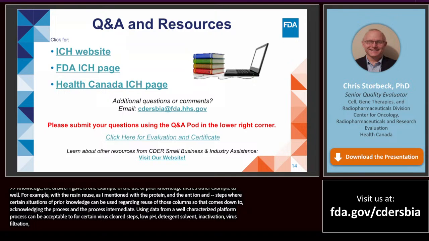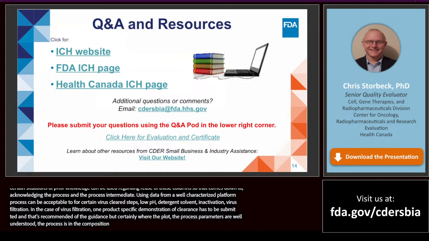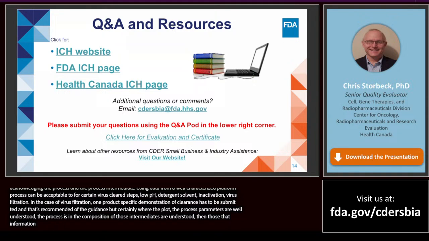In the case of virus filtration, one product-specific demonstration of clearance has to be submitted. That's a recommendation in the guidance. But certainly where the process parameters are well understood, and the process intermediates and the composition of those intermediates are understood, then that information can be used to gain some regulatory relief. But it has to be laid out and scientifically based during the submission.